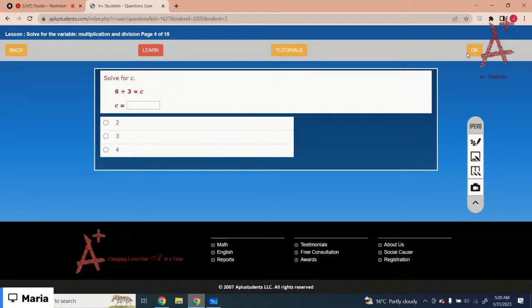So the correct option is 2. Just select the correct option.